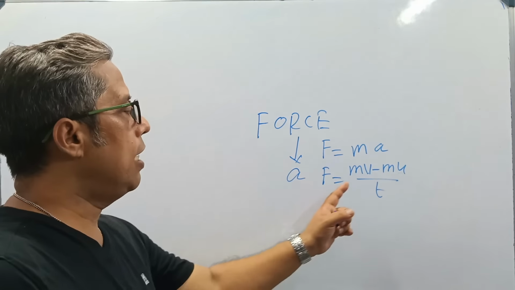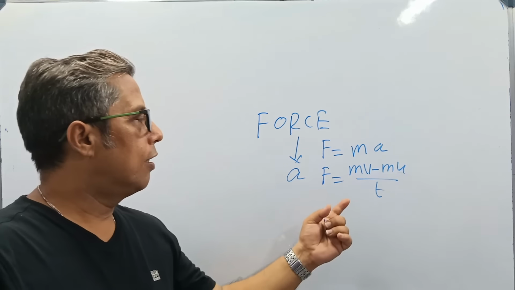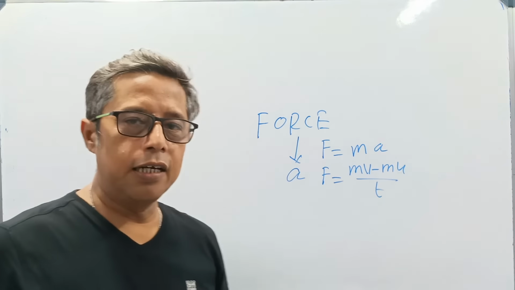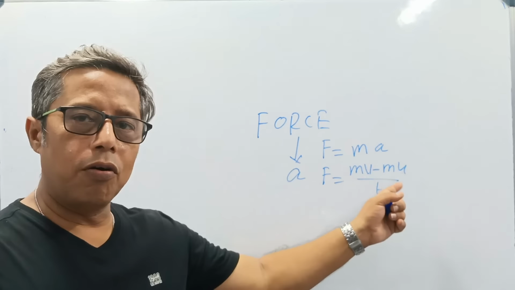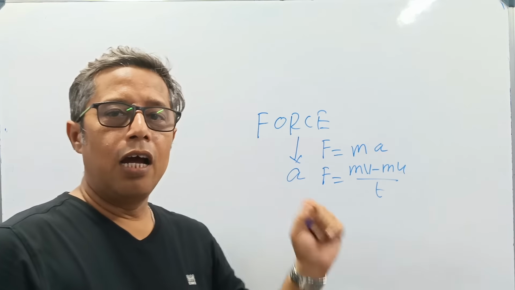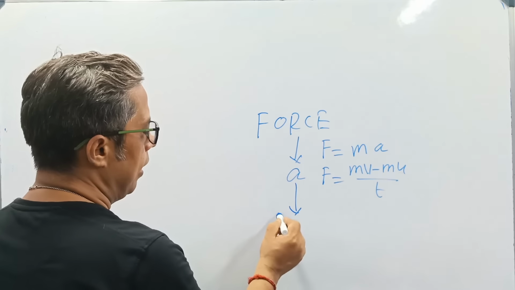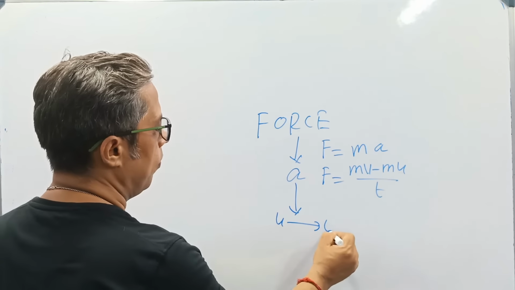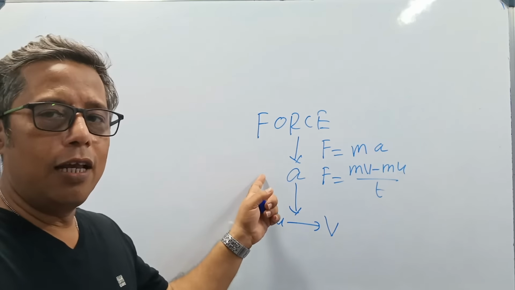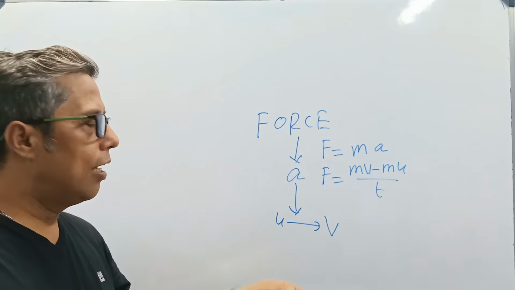So it is the change in momentum with respect to time, and a is equal to (v minus u) by t. So force is equal to mass into acceleration. That means if mass is constant, this force will cause acceleration. And what is the meaning of acceleration? Acceleration will change the velocity from u to v. So force causes acceleration, and acceleration causes change in velocity. This is the relation.